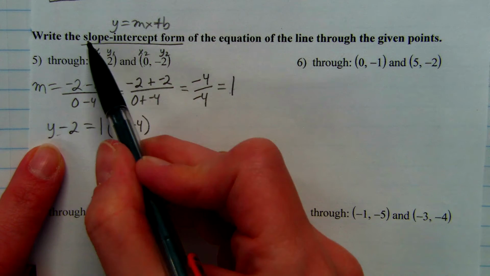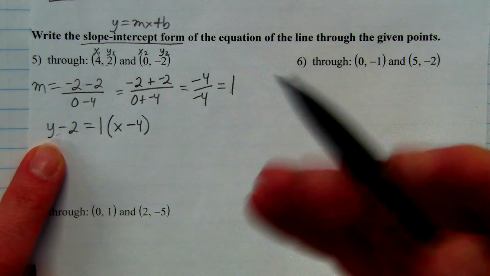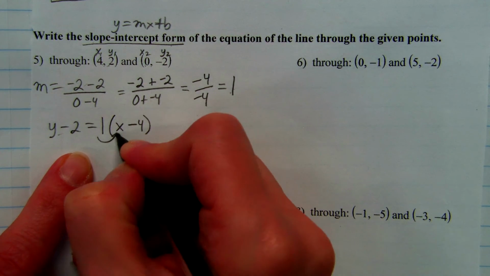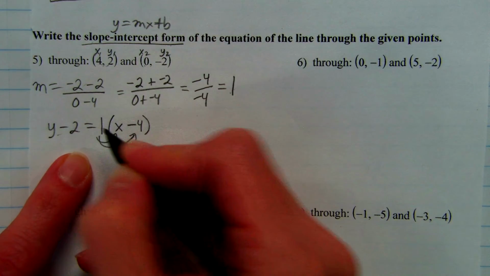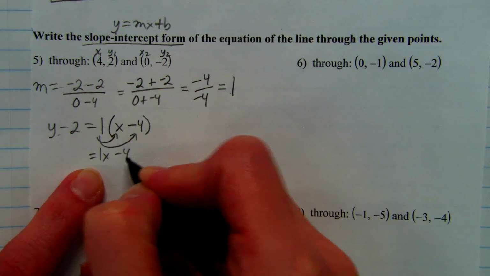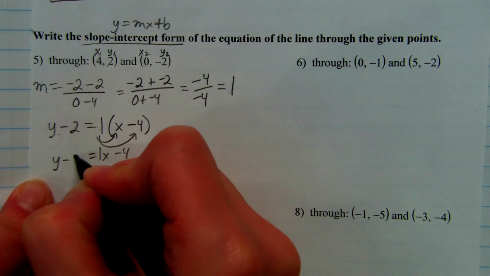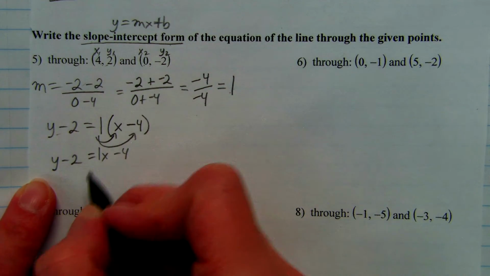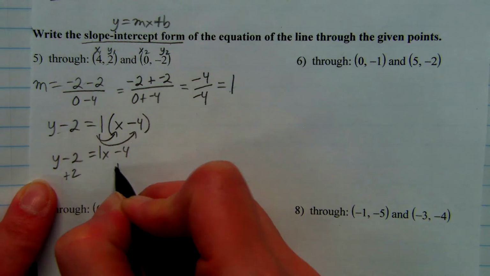What they're asking us to do when they say slope-intercept form is to keep going like we did yesterday. So we're going to distribute the 1 to get rid of that. So you just get 1x minus 4. And then we have to get y alone. So we add 2 to both sides.